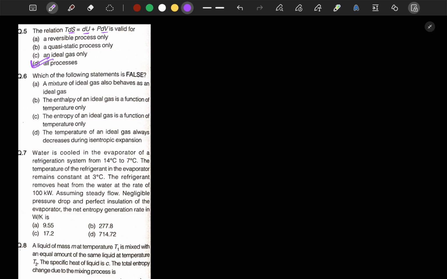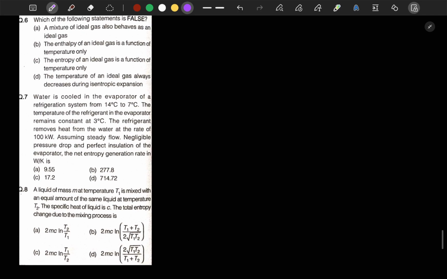Now moving to the next question: which of the following is false? Let's see option A. Mixture of ideal gases also behaves as an ideal gas. This should be correct, so option A is true. The enthalpy of an ideal gas is a function of temperature only.